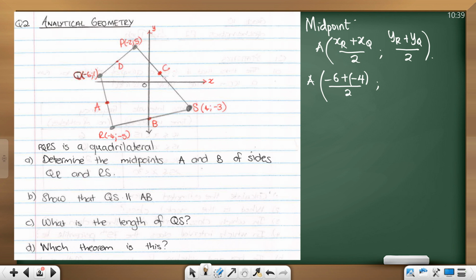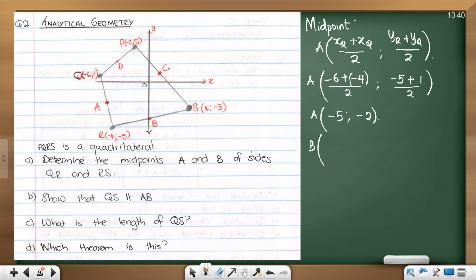The Y value of R? -5. What's the Y value of Q? +1 over 2. So what's our answer? -6 plus -4 is -10 divided by 2, -5. 1 minus 5, that is -4, divided by 2, -2. Yeah, you just like using your calculator so much. Yeah, we're done.